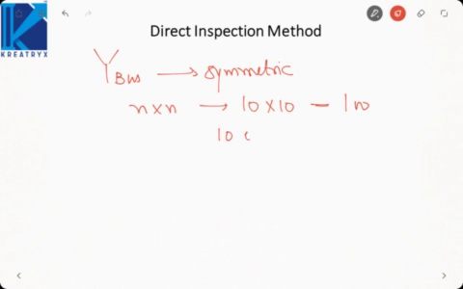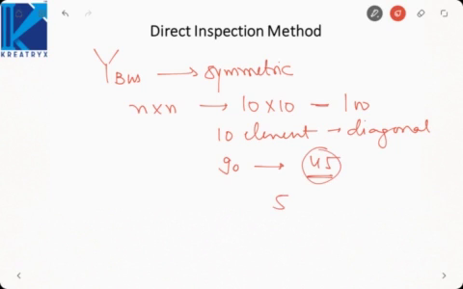Out of this, 10 will be diagonal, so you have to save these 10 elements. Out of the other 90 elements, you have to save only 45. So 45 plus 10, the total elements that we need to save is 55. So almost 50% of the elements only I have to save in the Y-bus matrix. So that saves a lot of memory.